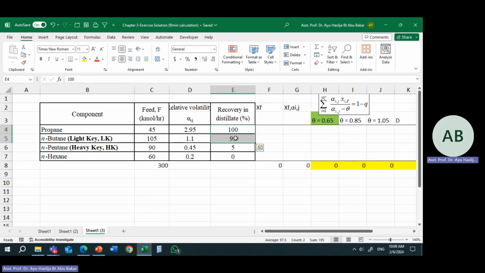Distillate can be a mixture of many products. So in this question, the required product is N-butane, not propane, even though propane is 100% recovered. So the light key is N-butane and the heavy key is N-pentane.